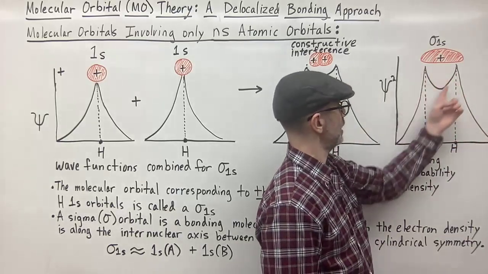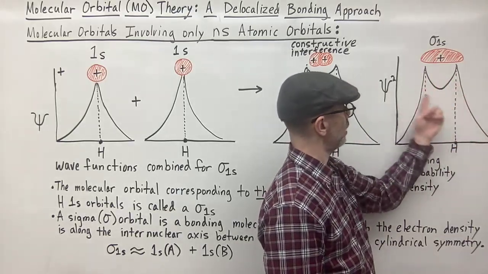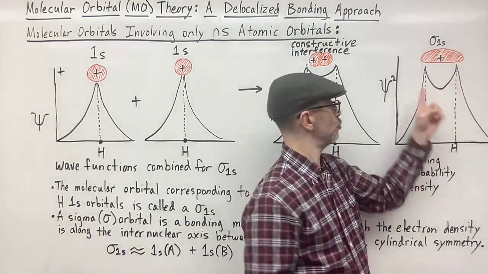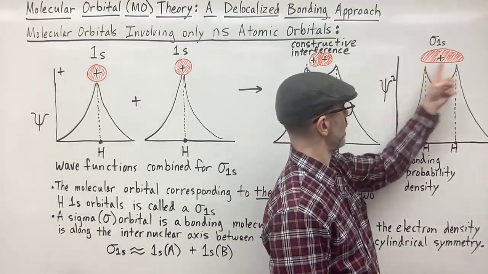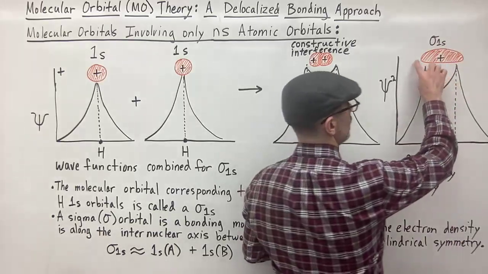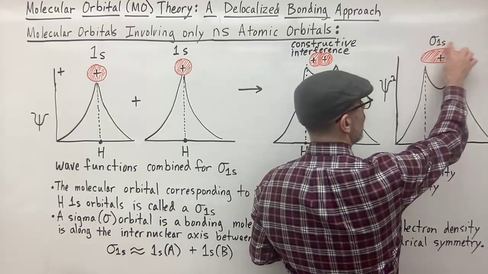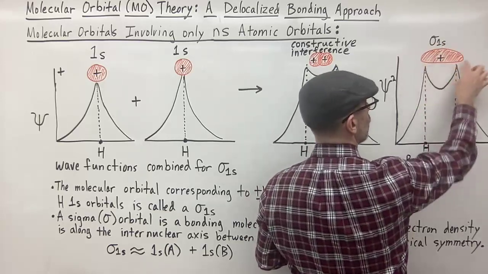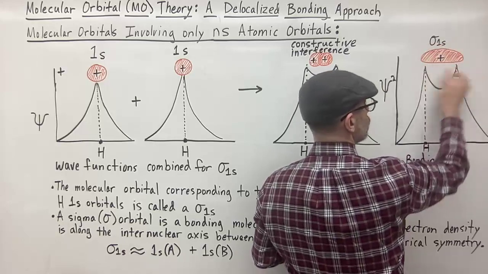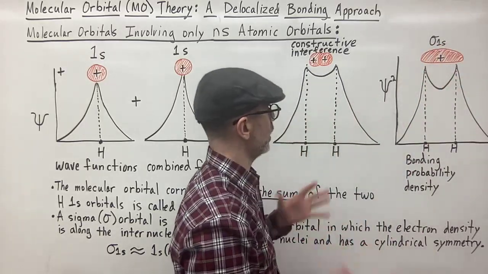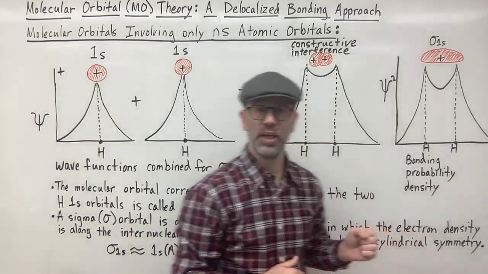There's a high probability of finding the electron in between the two nuclei. And you can see that the molecular orbital encompasses the whole molecule, so it belongs to the whole molecule, not just to one atom or the other.